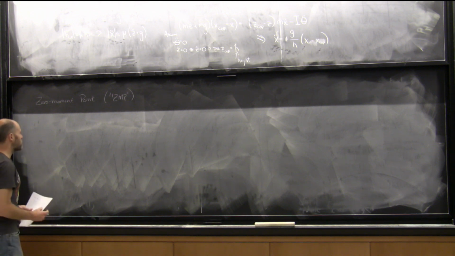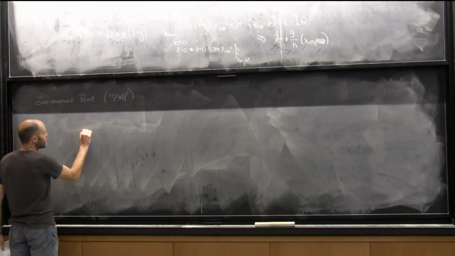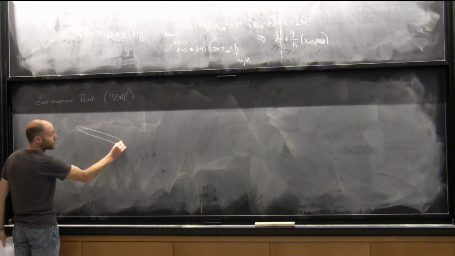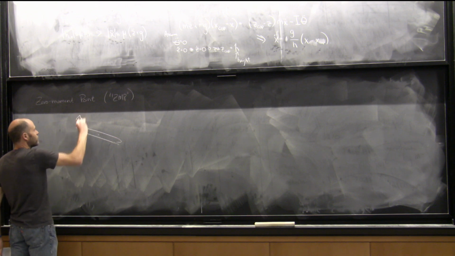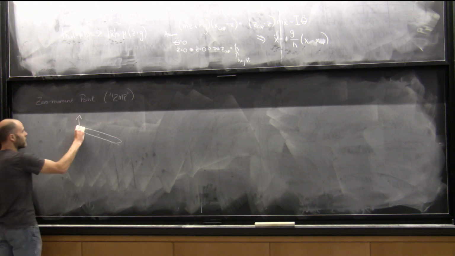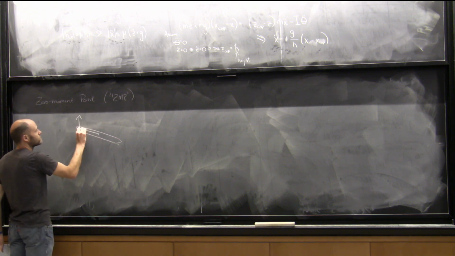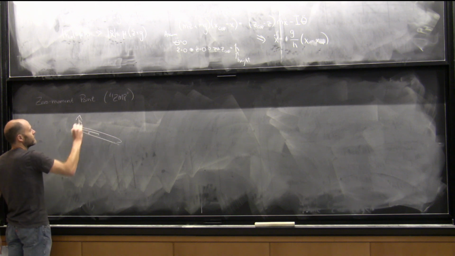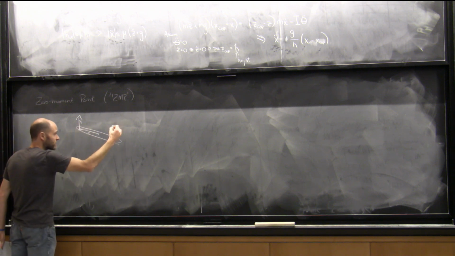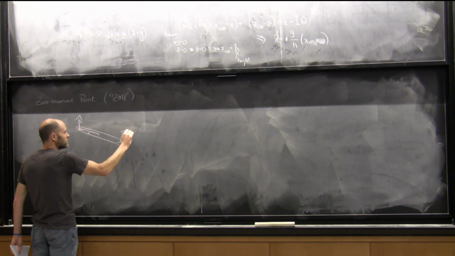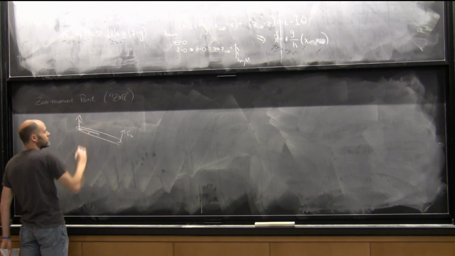Okay, so the zero moment point, what is a zero moment point? This is almost exactly your question: if I have some rigid body and I'm applying a force at some point on that body, I've got R cross F. I've got force 2 over here.